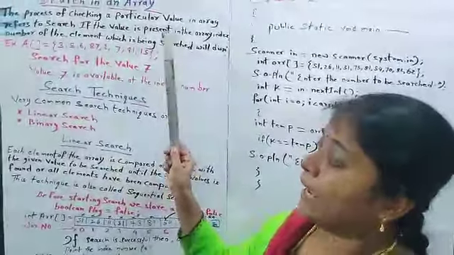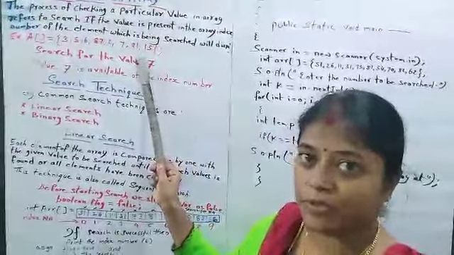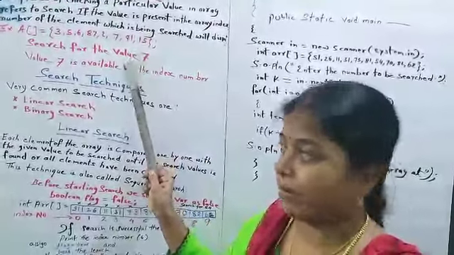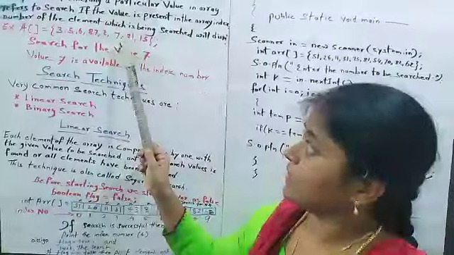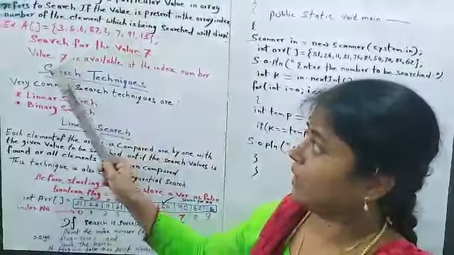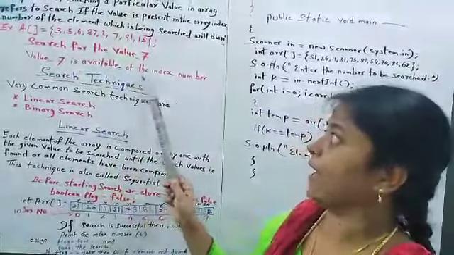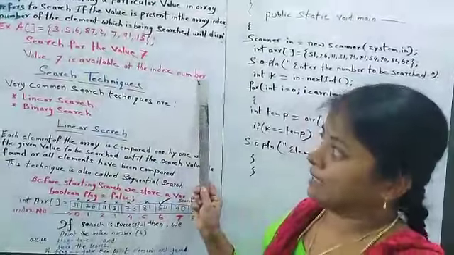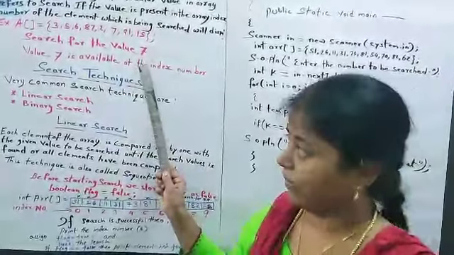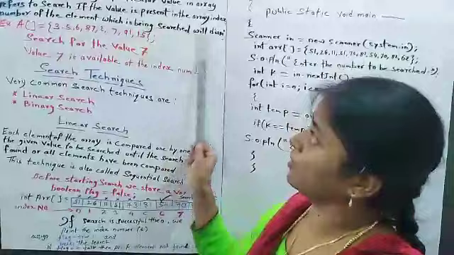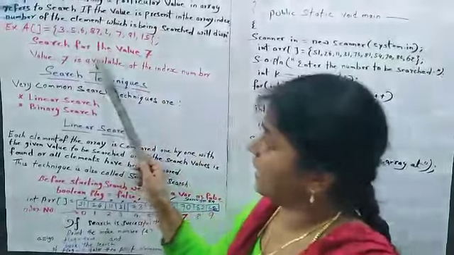In these 8 elements I have to search for the number 7. If 7 is present, the value 7 is available at that index number. So the search is over. That is what we call searching in an array.